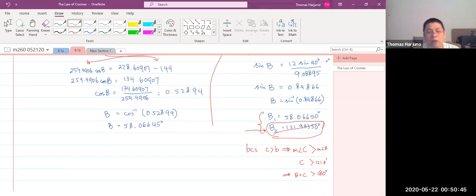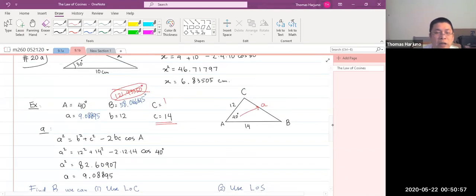If you are lucky, then you can use law of sine and get the answer right away. But for sure, once you have three sides, there will be only one angle assigned to that side. Once you have three sides, then it is a unique triangle.